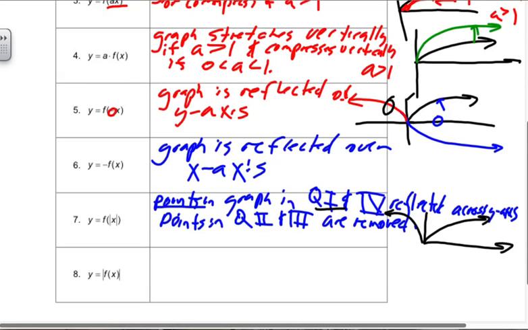Now, if you're dealing with something like the quadratic, which looks like this, and you did that, what this would look like is that all these points in quadrant 1 right here are going to be reflected across the y-axis, so they'll be over here. The original points in quadrants 2 and 3 are removed, so your transformed function looks like that.